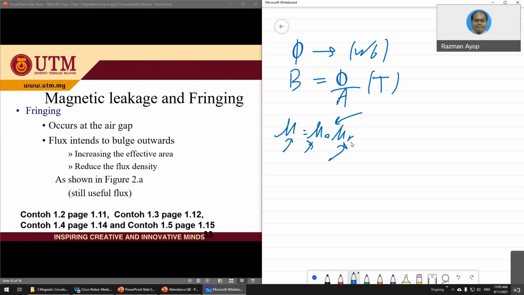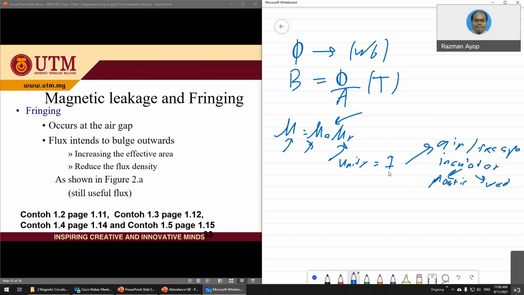This is just the relative permeability. For relative permeability, unity equals 1. This is for air or free space or insulators such as plastic and wood.